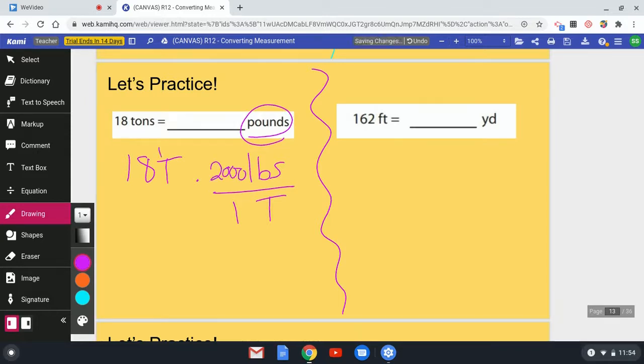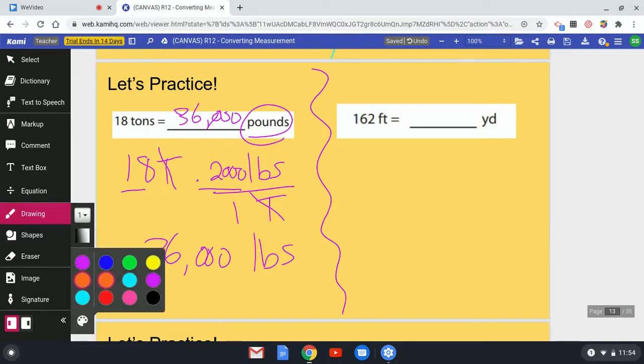All right, tons cancel. 18 times 2,000. Use your calculator. Woo! 36,000 pounds. That is a lot, right? So when we say a ton, we really mean a ton. Lots and lots and lots of stuff. Okay.